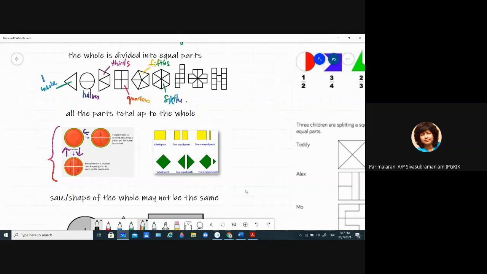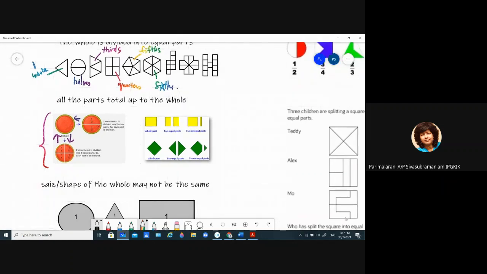The other concept that we must teach them is equal parts and unequal parts. Say you have a whole like this. You can divide it into two equal parts. These parts are known as fractions. Or you can also divide it into unequal parts. You divide it into two parts, but the parts are not equal. If the parts are not equal, we don't classify them as fractions.